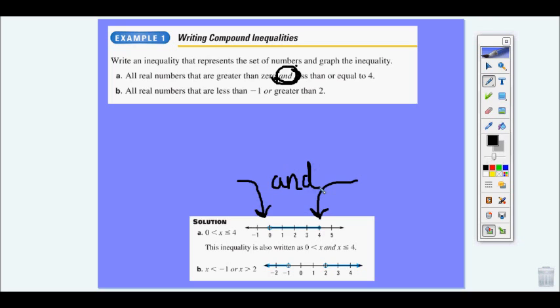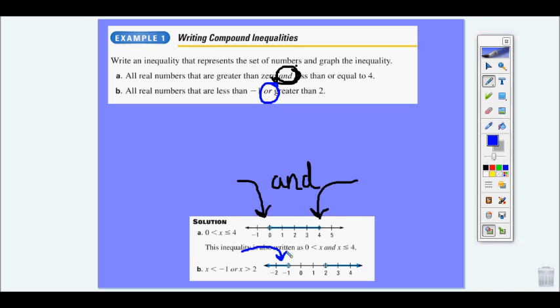Now the solution set can be anything between it because it is an and, all the numbers that are between there. Now the next solution is going to talk about real numbers that are less than -1 or greater than 2. So if you're going to have the or in the sentence, you're going to notice that the arrows or the shaded area are going to go 2 separate ways. So the real numbers that are less than -1, again, it's just the less than, so it is an open point and it is shaded to the left.